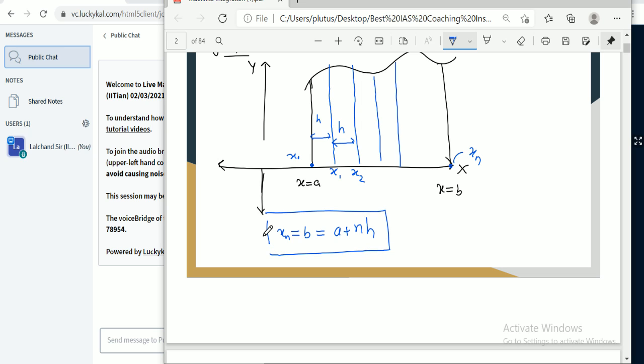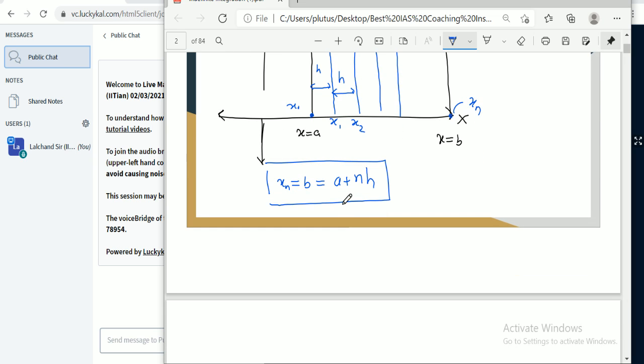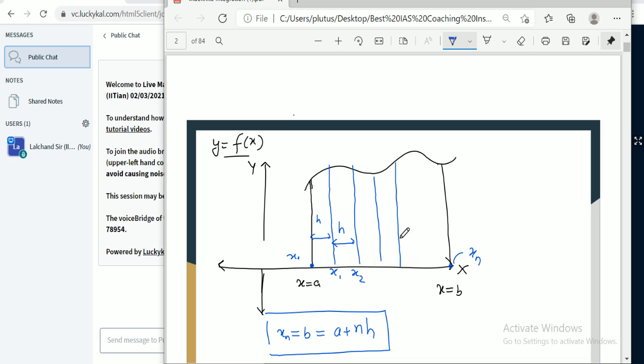We are reaching from point x equal to a to point x equal to b, so we simply add n times h. We can simplify this to get (b minus a) divided by n equal to h, the strip length.